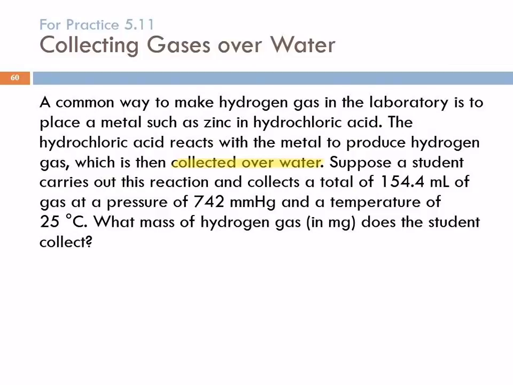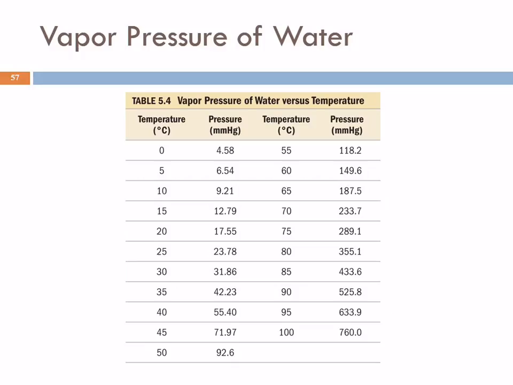This problem doesn't tell us what the vapor pressure of water is. We have to go look it up. You do not need to memorize this table. This isn't on the exam on Thursday, but if you need it on an exam, I'd either give it to you in the problem or the table might be provided next to the periodic table, but you'd have to go look for it.